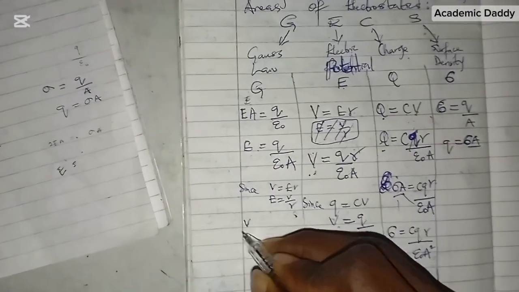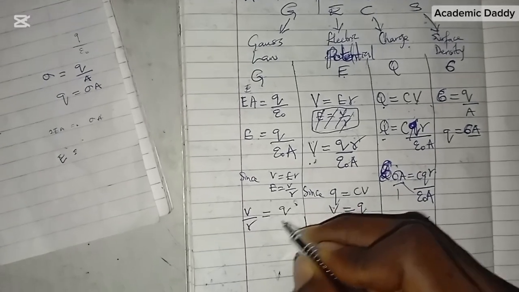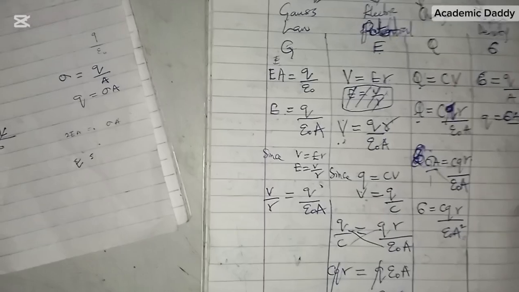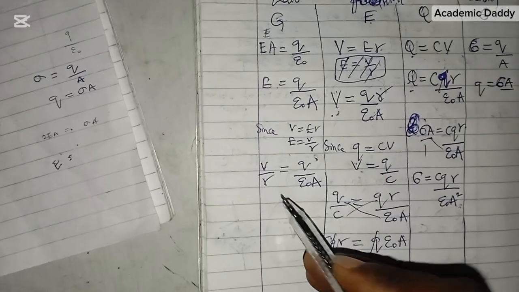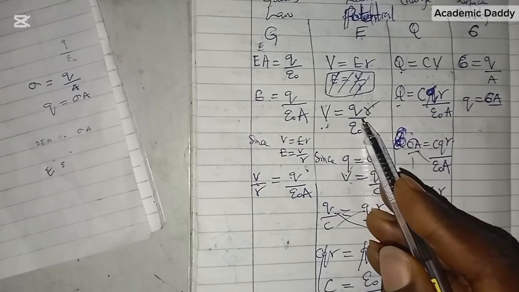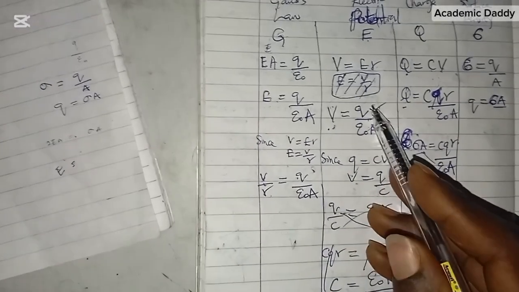So I can say V over R equals Q over E naught A. It's now up to me to know what I want to make the subject of formula. If it's V, you see that this will come here and give me back this. This will come and give me back this.